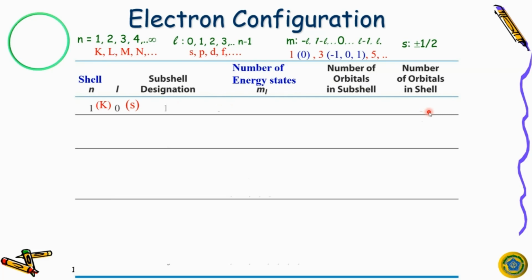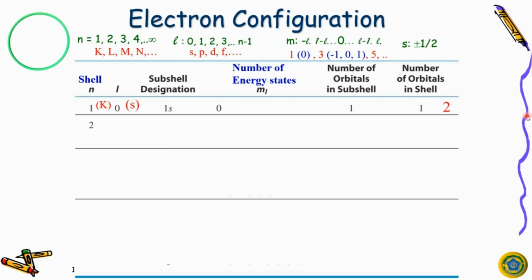We call that S. And how do you combine these two together? We normally use 1s. The number of energy states, where you split the energy, will be 1, right? The number of orbitals in the shell is 1, and you have 2 electrons.